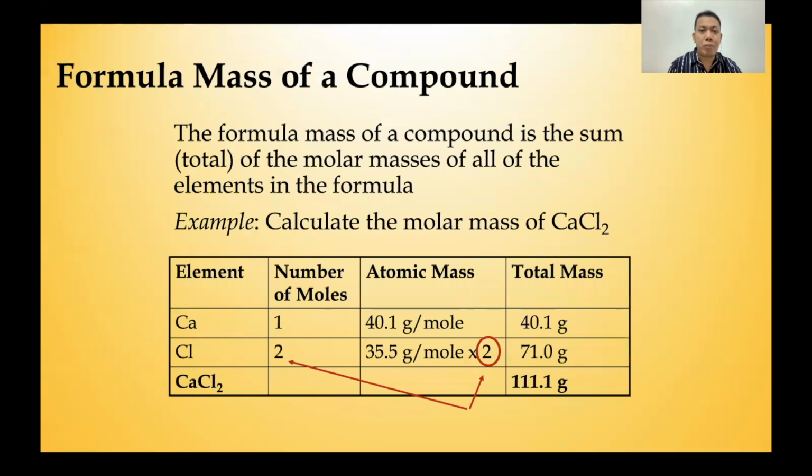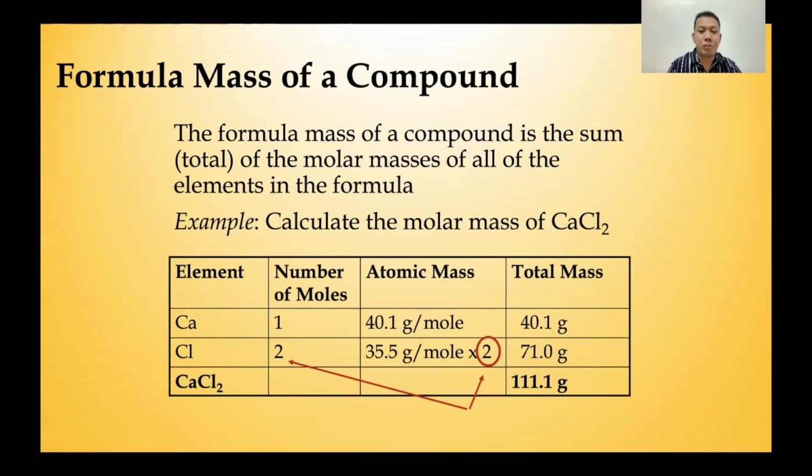The formula mass of a compound is the sum total of the molar masses of all of the elements in the formula. For example, calculate the molar mass of CaCl2, or calcium chloride. First, you have to write the chemical formula, in this case CaCl2, and then determine the number of moles.